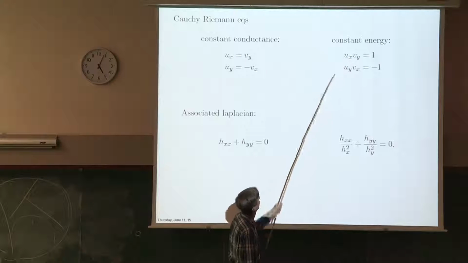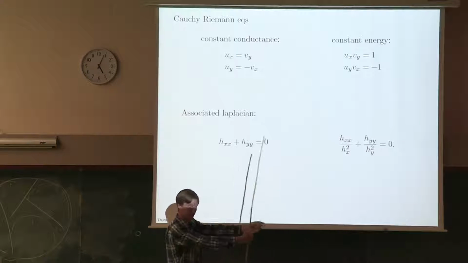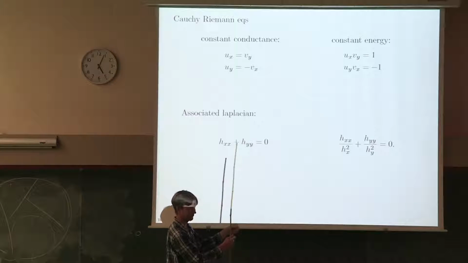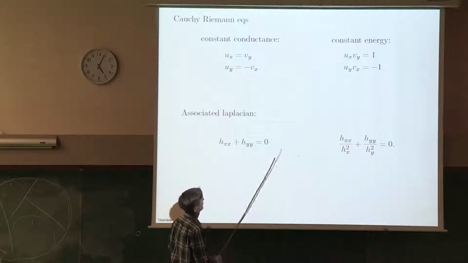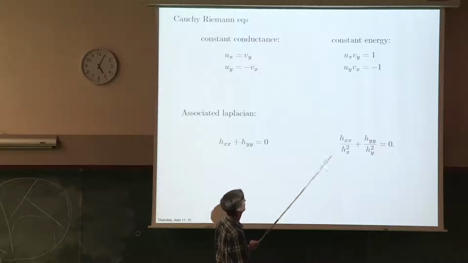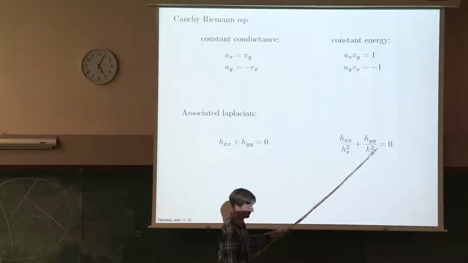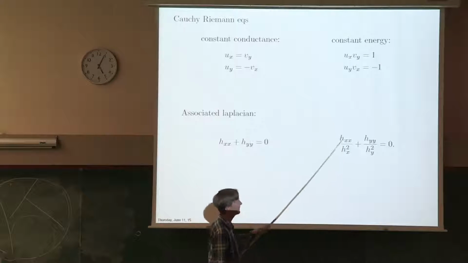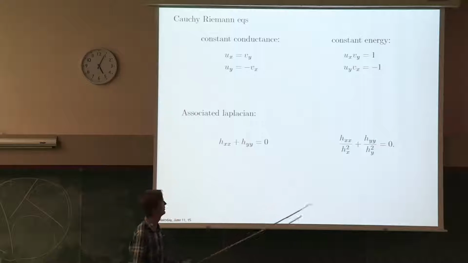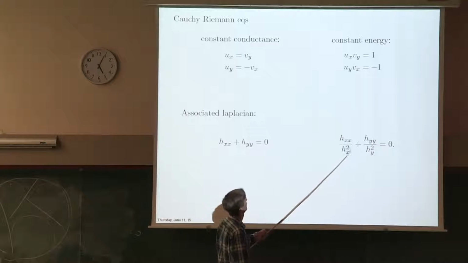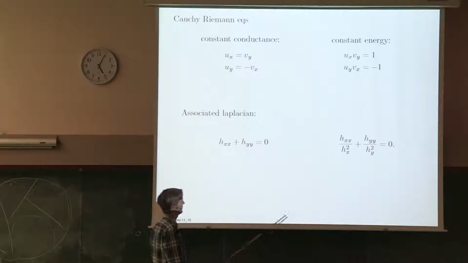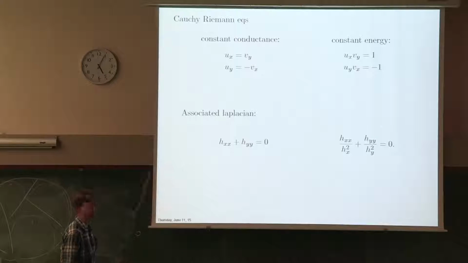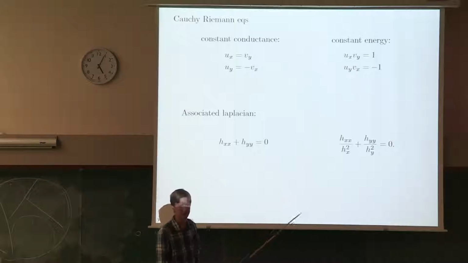Your u and v are the x and y coordinates of the image. x and y are the x and y coordinates of the domain, just like in this case. But there's an associated, I don't know what to call it, nonlinear Laplacian over here, which both the real and imaginary part will satisfy, the same nonlinear harmonic operator equation.